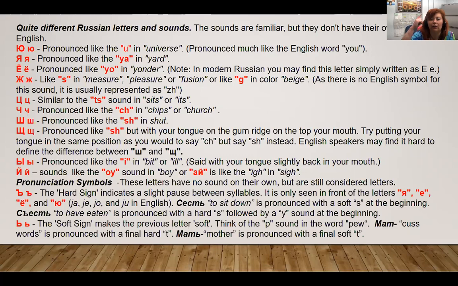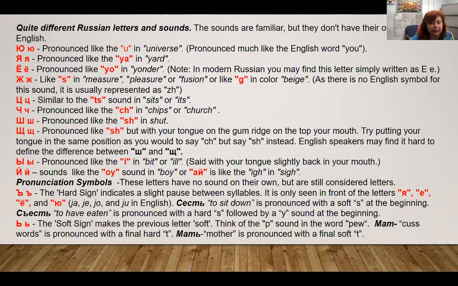Or take your finger, put it in your mouth, and try to say E. Can you hear what you said? It's not E. But to make it correctly, move your tongue slightly back in your mouth and say E.